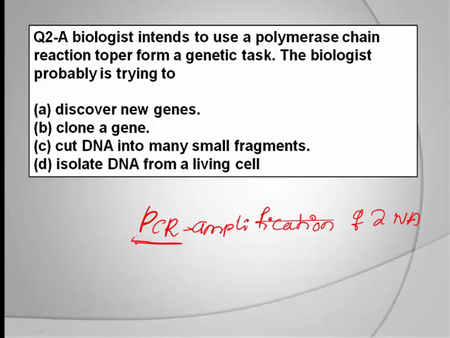So through the polymerase chain reaction, the number of DNA copies can be increased, and here the right option for this one is option B. The geneticist or the biologist is trying to clone a gene. So this is the answer.